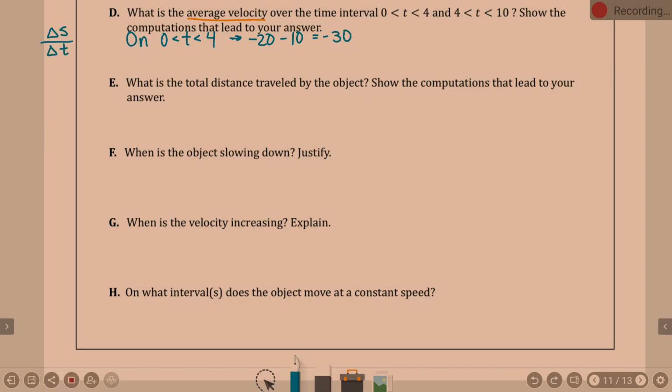I had broken it into 2 points. It'd be negative 30/4, right, yes. So here, our average velocity is negative 30/4, which is negative 7.5. I could go with that. Okay, so that's over the interval from 0 to 4.